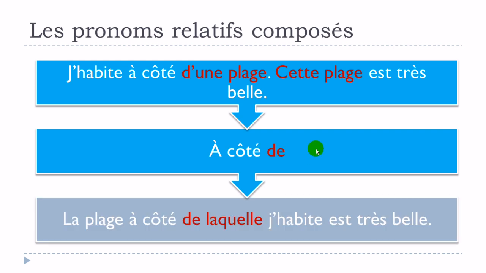It means that you will have to combine this de and laquelle, because it's the feminine form. So you put your first part, la plage, then à côté de laquelle, same thing as we had previously, the verb j'habite should come back here, and the second part, est très belle, should come at the end. So you get this sentence, la plage à côté de laquelle j'habite est très belle.